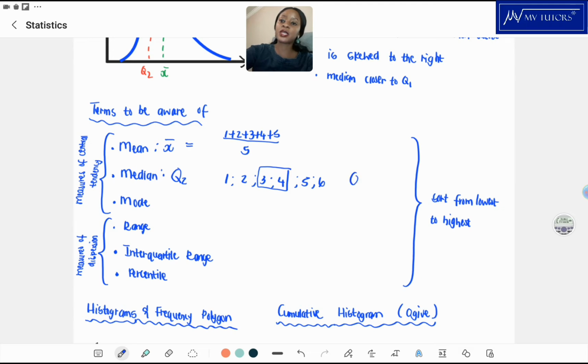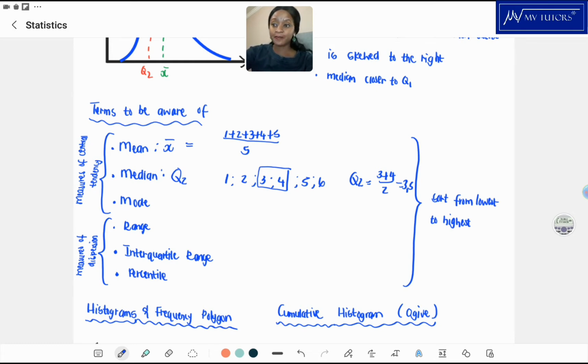So to get your median, you take the average of those numbers, 3 plus 4 over 2, which will give you 3.5. That's how you would get your median. And then your mode is the most frequently occurring number. So again, if you have a data set and you have a lot of 2s, then 2 would be your mode.